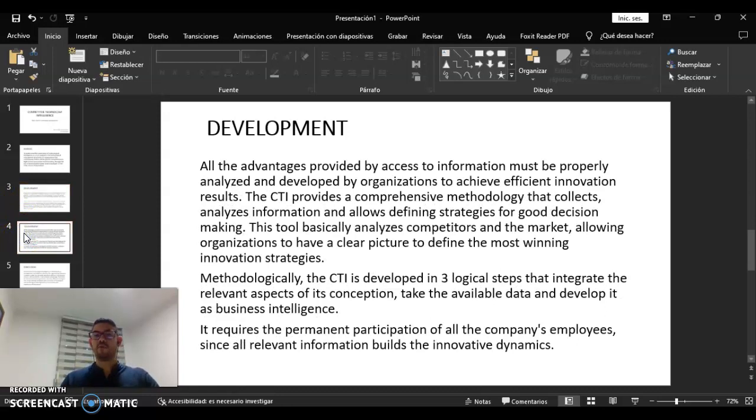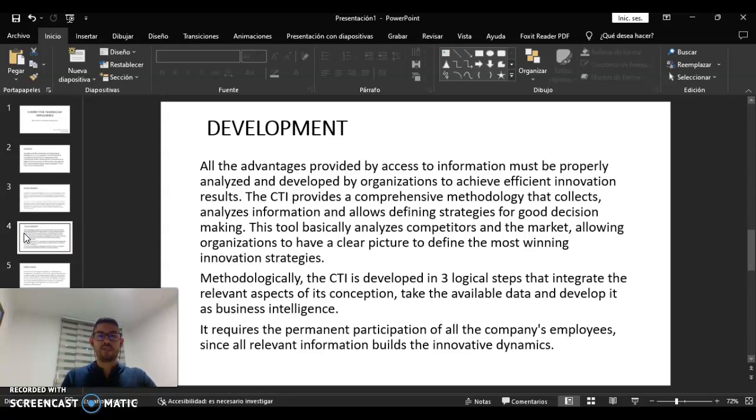All the advantages provided by access to information must be properly analyzed and developed by organizations to achieve efficient innovation results. The CTI provides a comprehensive methodology that collects and analyzes information, and allows defining strategies for good decision making.